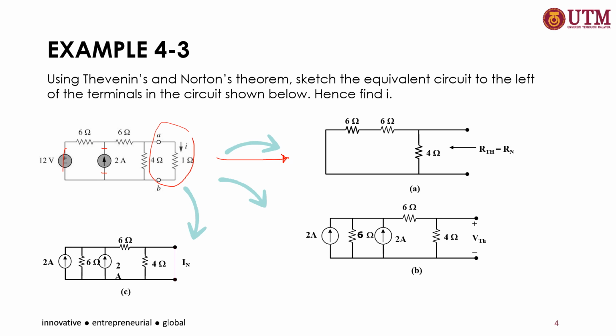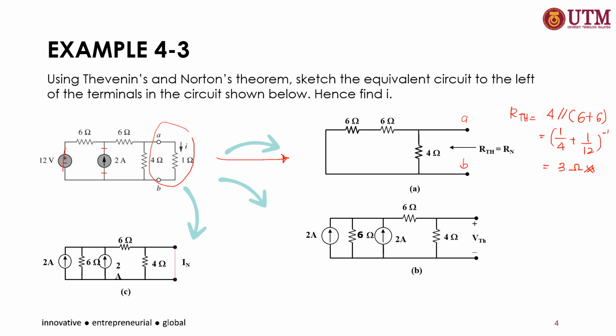And then to find the RTH is by looking at this terminal A and B. So from this figure, the RTH is equal to 4 ohms parallel with 6 plus 6, so we will get 1 over 4 plus 1 over 12, inverse, which is equivalent to 3 ohm.